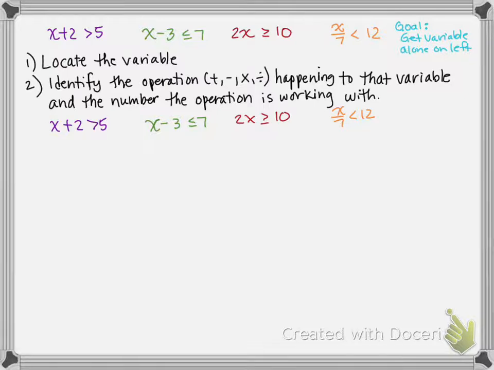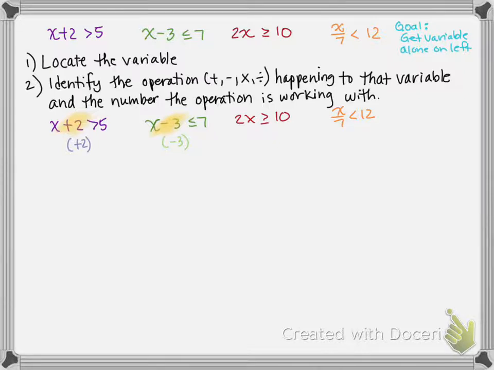So I'm going to go ahead and use that color highlighter. Right there, you can see that we are adding 2 to the x. And then here, we are going to be subtracting 3 from the x.